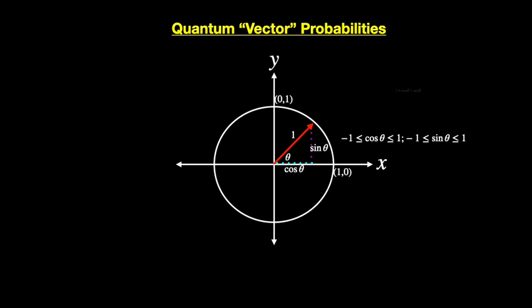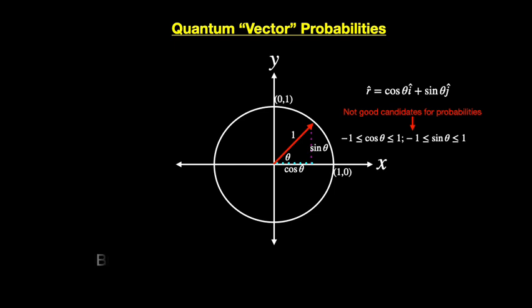Given that the projections of a unit vector are cosine theta and sine theta, these projections themselves cannot be used as probabilities, even if we're talking about a unit vector. That's because cosine and sine theta can take negative values, which is not allowed for a probability. Likewise, the sum of cosine theta and sine theta is not equal to 1. But here's the thing.